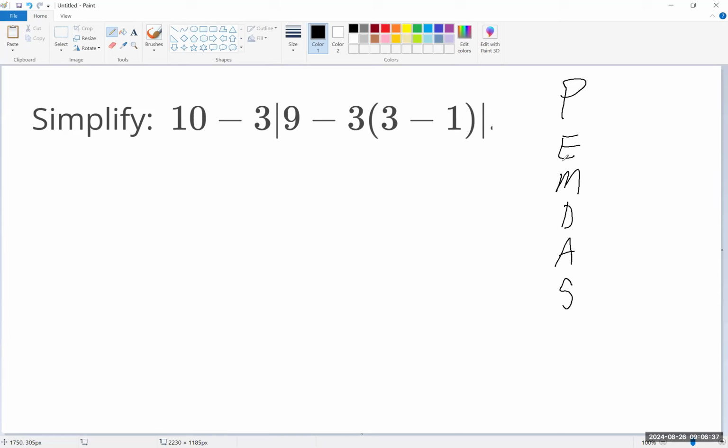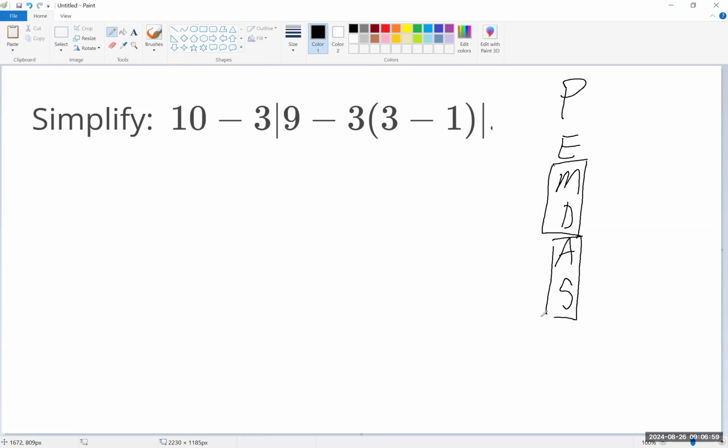So whenever you look at PEMDAS, you might want to put a box around the M and the D and the A and the S, because it's important to know that you treat multiplication and division going from left to right.